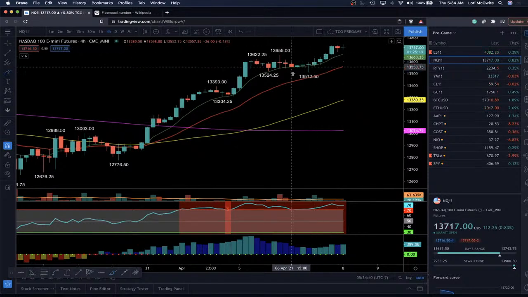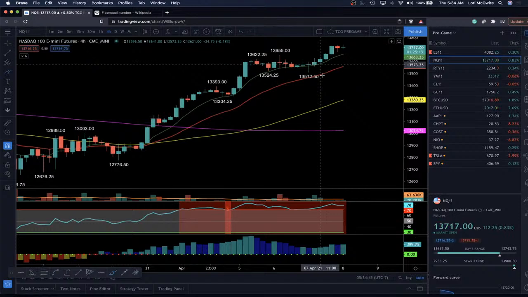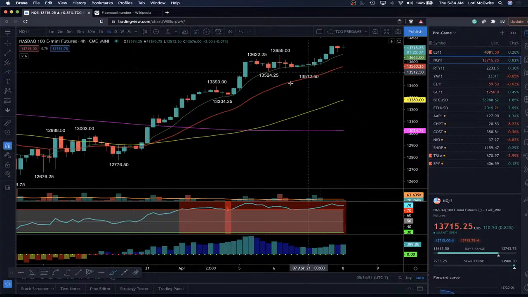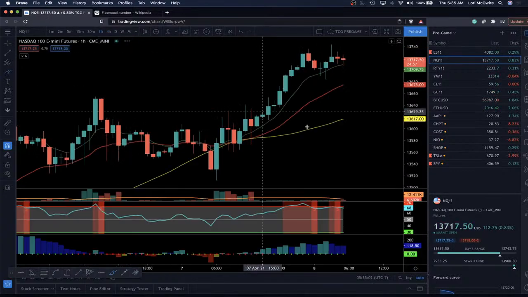As long as this holds, bulls are fully in control. Now remember, bulls don't have to bring the volume, bears do. So we could just melt up on very low volume today in NASDAQ and keep going. So I wouldn't short based on volume. You can go short based on volume if bears are bringing it, but not if the bulls are melting up on pretty low volume.